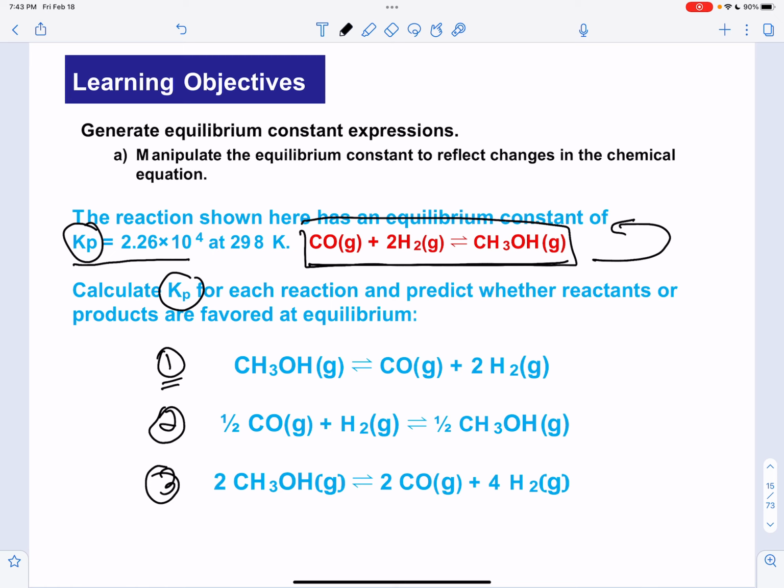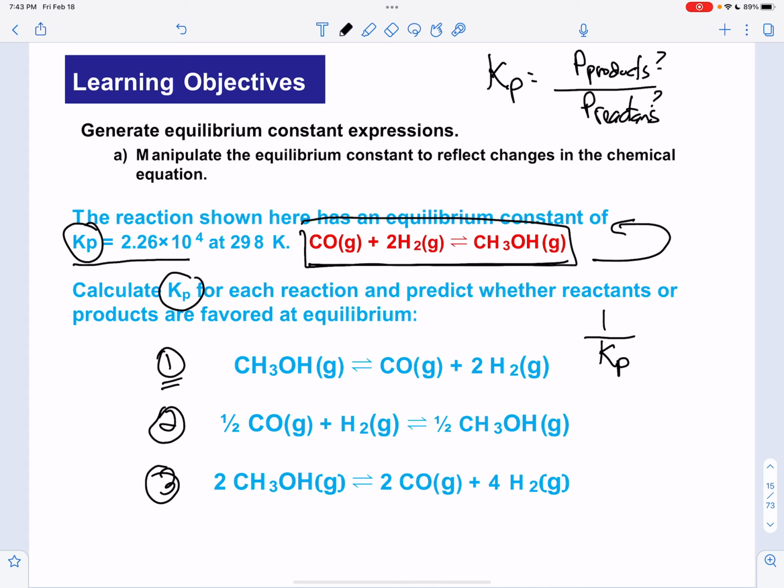Well, we're going to take the Kp and find the reciprocal, and that's going to give us our new Kp. If you think about it, remember Kp is the pressures of the products over the pressure of the reactants, at whatever power they need to be.